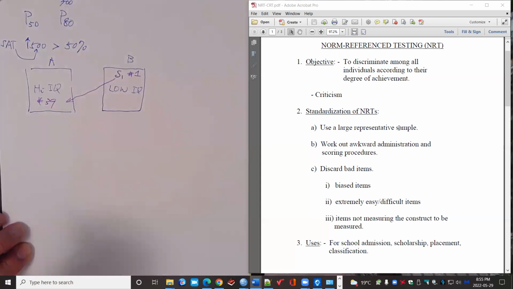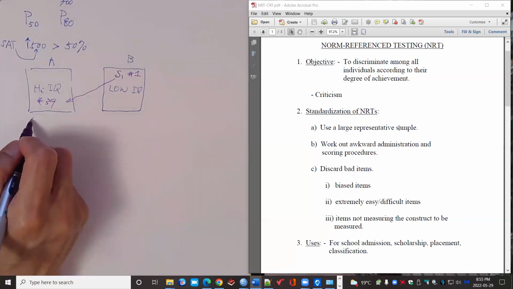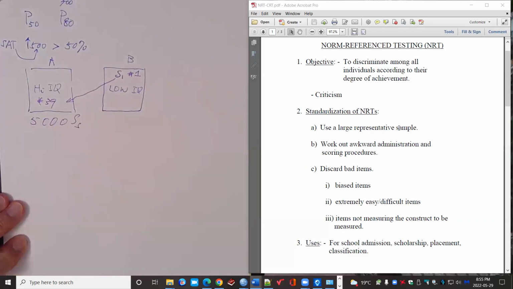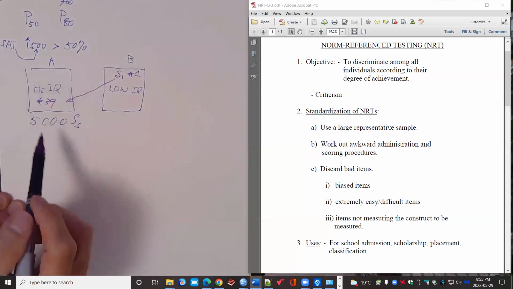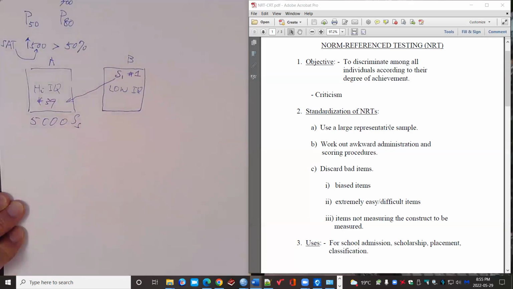But let's take a look. Well, let's say most of the time we have, say, 5,000 subjects. Okay, 5,000 subjects. Now, representative sample. What does that mean? That means these subjects here are sampled from what?